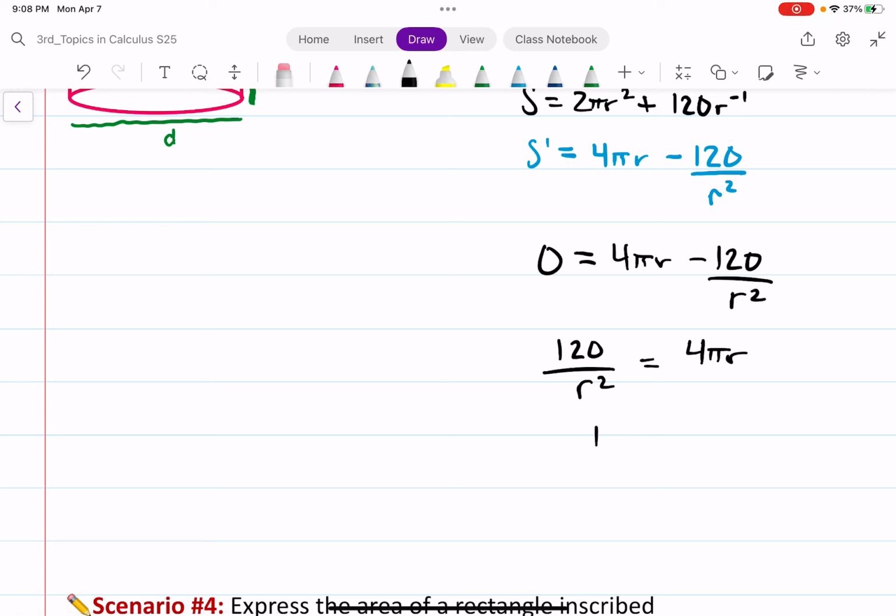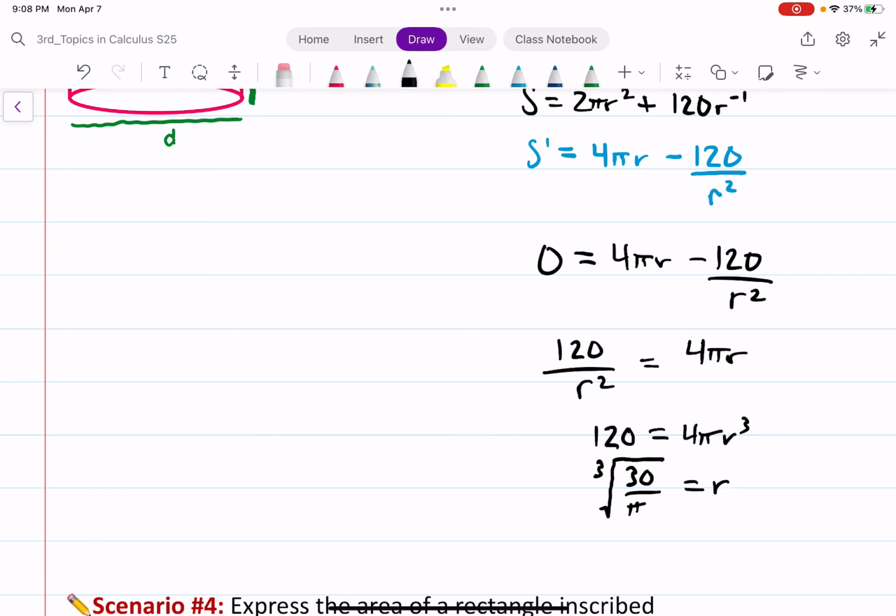So I'd have 120 equals 4 pi R cubed. Divide off that 4 pi. If I divide off that 4 pi, would I get 30 divided by pi? Equals R cubed. So then I could get R by itself by cube rooting it, right?